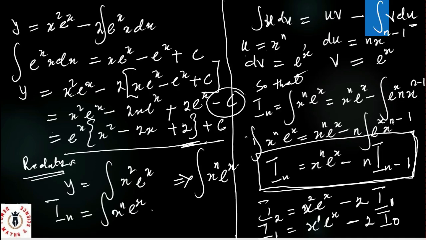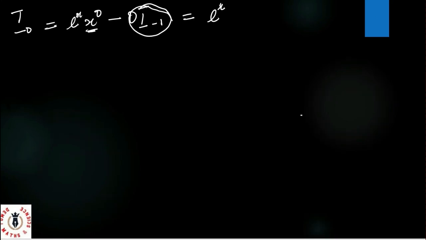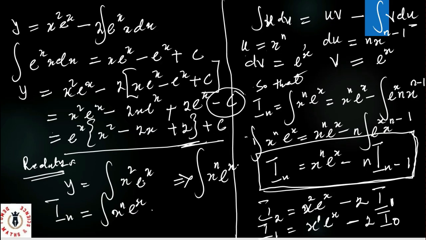Now let's begin to perform some little substitution. In I1, I have I naught, and my I naught is the same thing as e raised to power x. I've reduced that so that my I1 will become x e raised to power x minus 2 I naught.